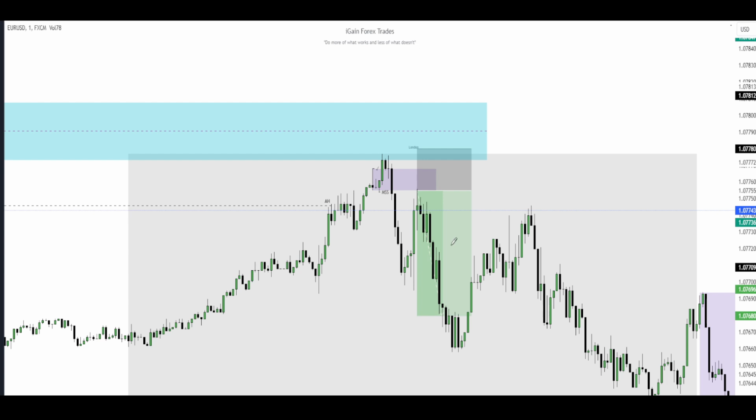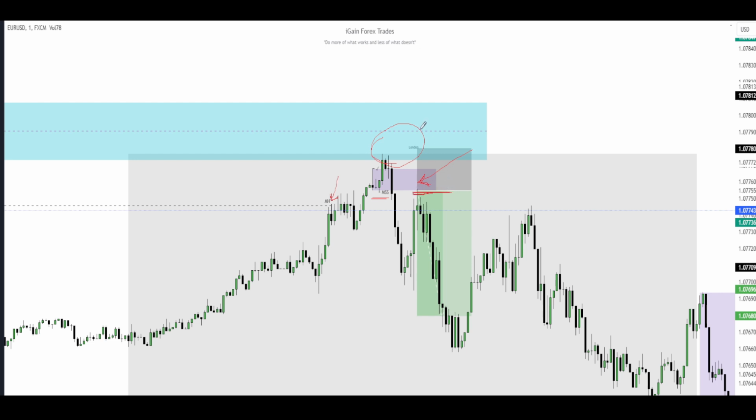So this is the trade I took during London session. Asia high has been taken. Then we have a tap in this fair value gap, market structure shift, and then this bearish breaker block to enter.